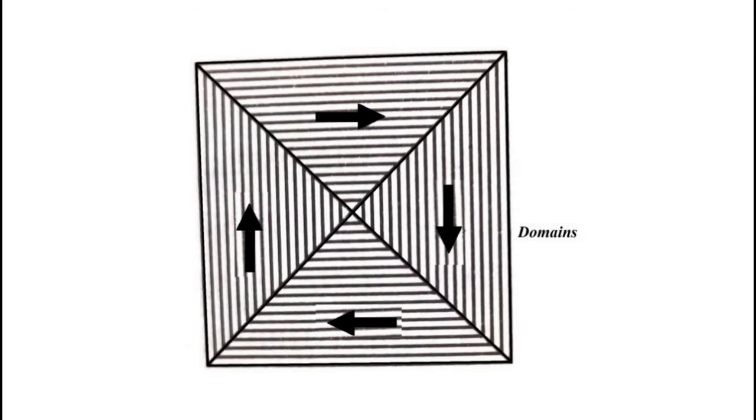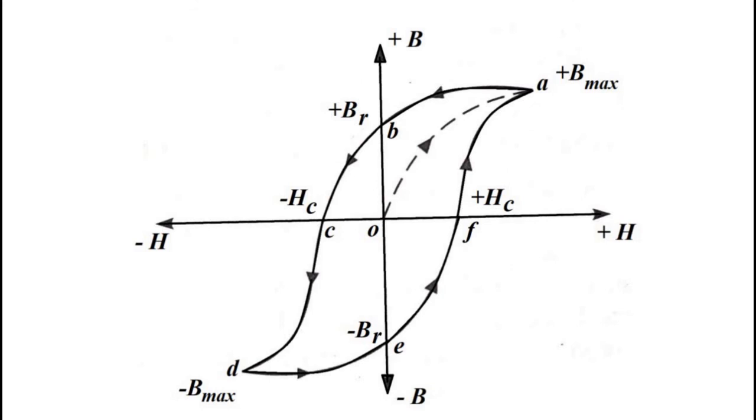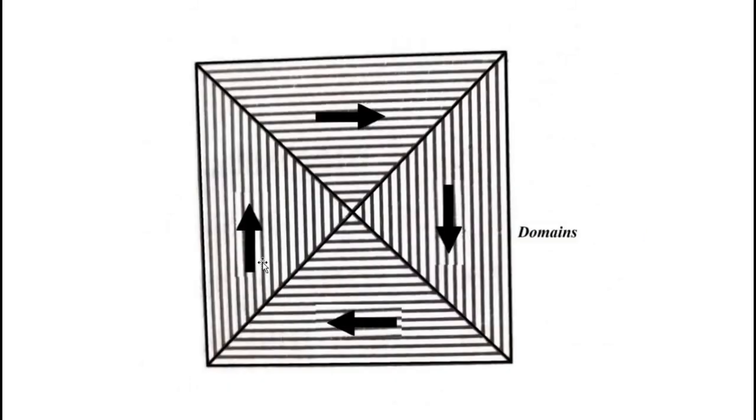Now, when the ferromagnetic material is subjected to magnetic force in both the positive and negative direction, plus H and minus H, a whole cycle, they are magnetized in one direction and then in the opposite direction. Okay, so the domains or the clusters or groups of magnetic dipole moments first align in one direction, then in the opposite direction.